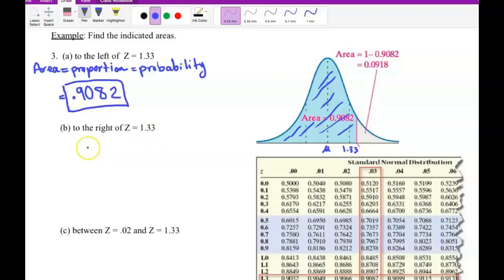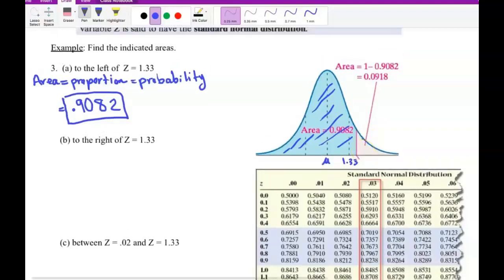Now part B, we need to find the area to the right of the z-score. So here is our z-score, z is 1.33, and we should find the area on the right side of the z-score. To find it, we need to follow this rule.